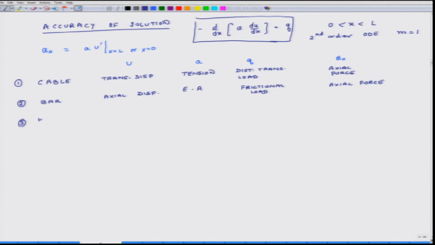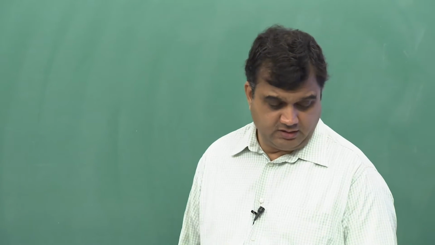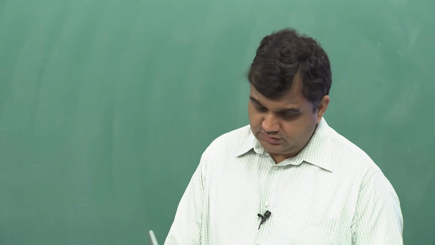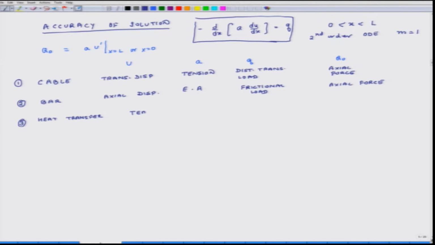we will talk about heat transfer. Heat transfer in a cylindrical pipe. So it is a one dimensional system, cylindrical pipe or things like that. Here U represents temperature, and A represents conductivity. Q represents heat generated. And Q naught represents heat.